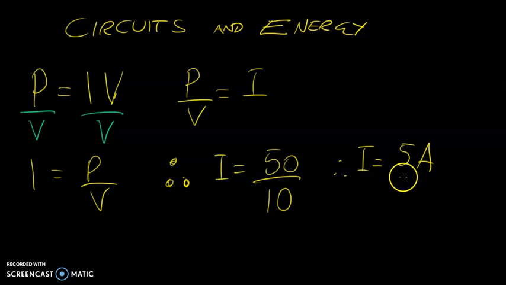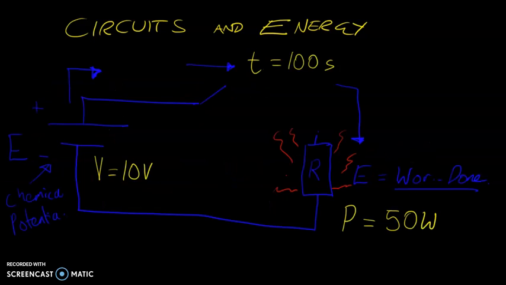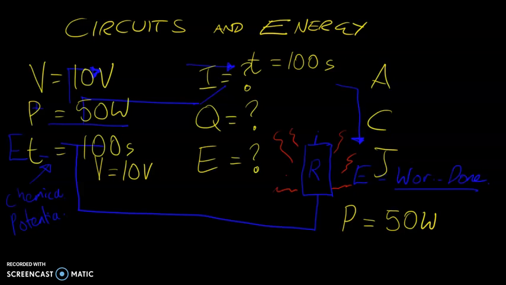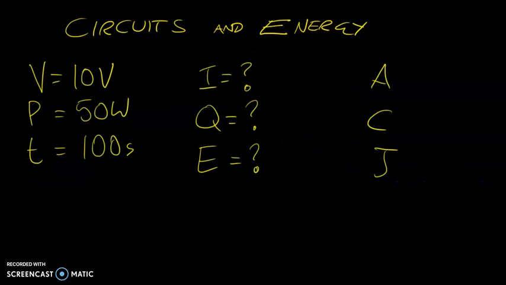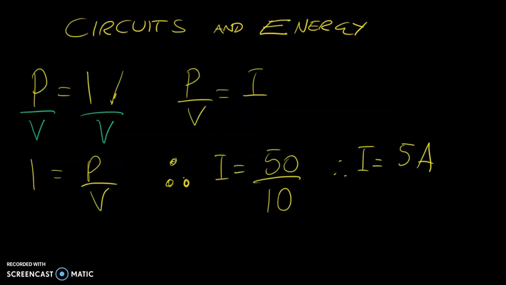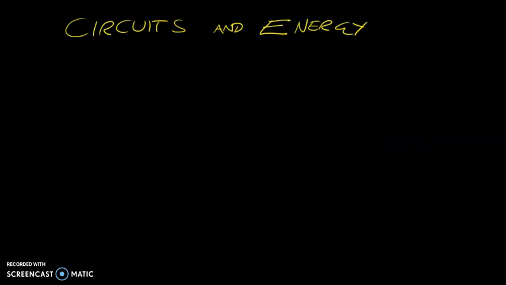Okay. Now we're going to move on to having a little look at the quantity of charge in this circuit. So, quantity of charge is equal to I times T. Now we know I now.